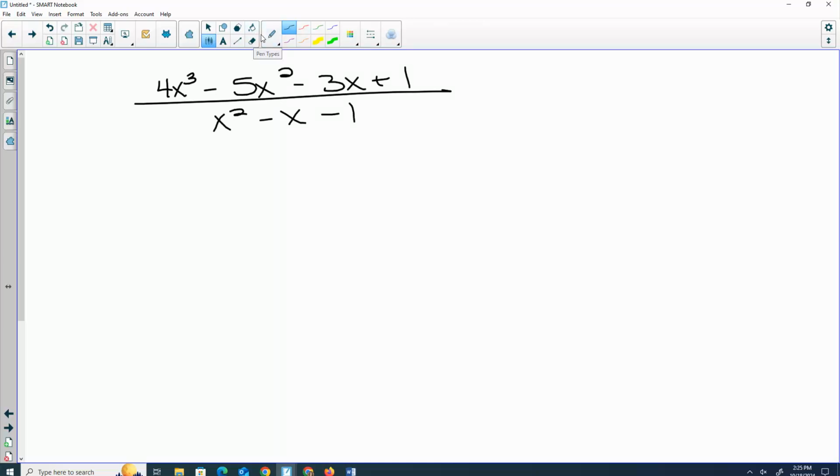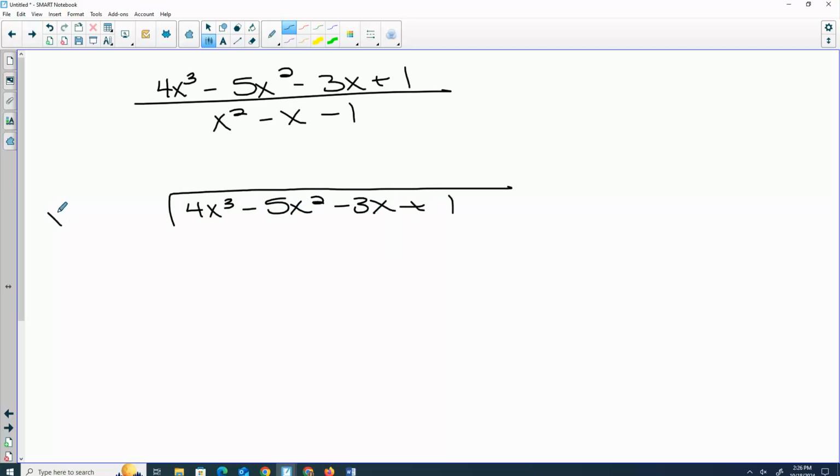What do you do? The numerator goes underneath. My denominator goes out in front.